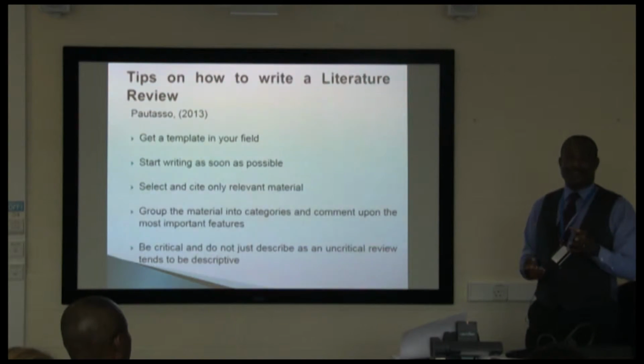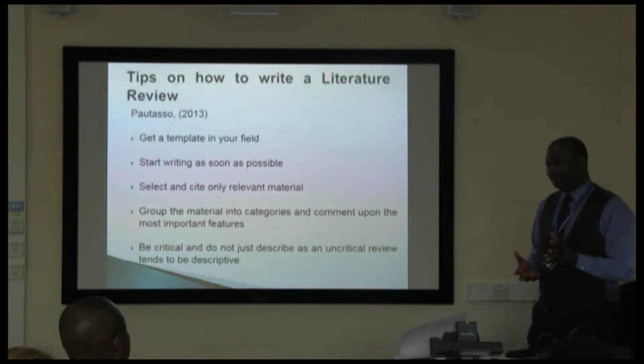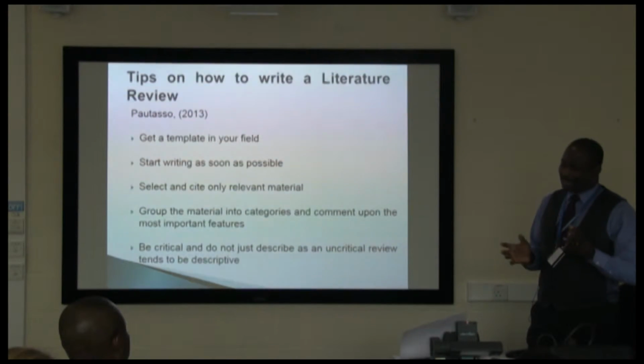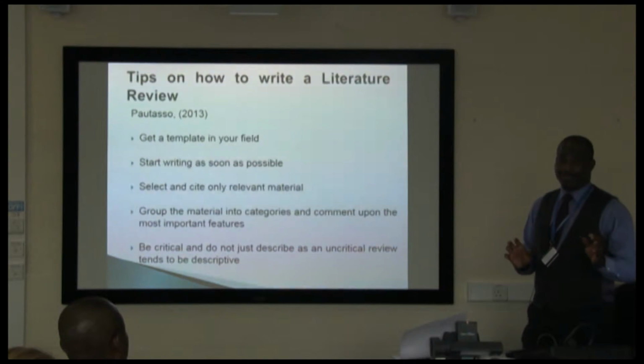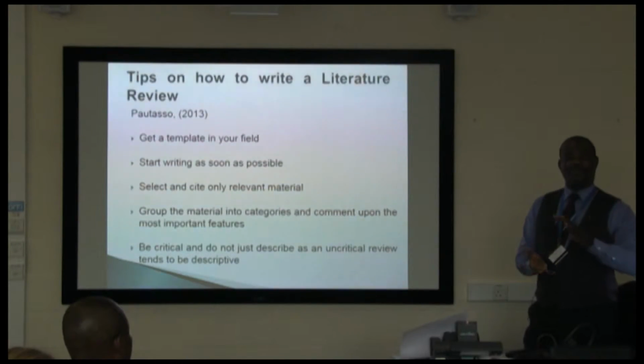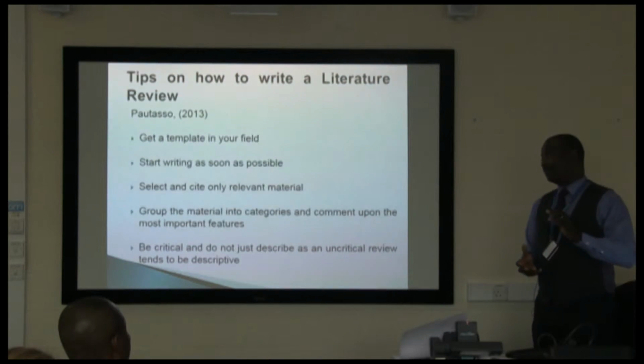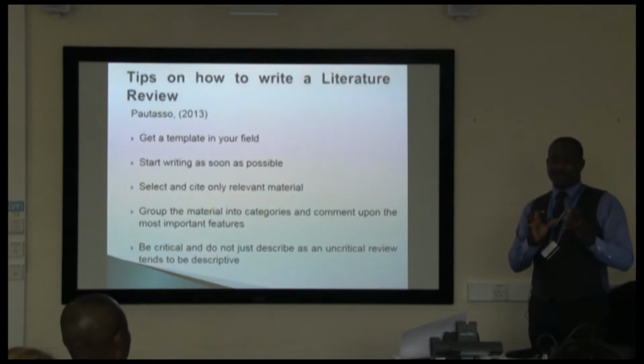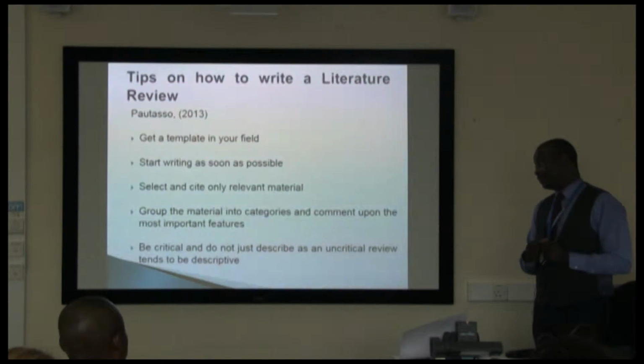So your first draft is likely to be about 100 or 110, because by that time you have so many ideas. You want to do so many things with the data that you've got. And then there is that tendency to be descriptive, because the more you write, the more descriptive it's going to be. But try as much as possible not to make your literature review descriptive.